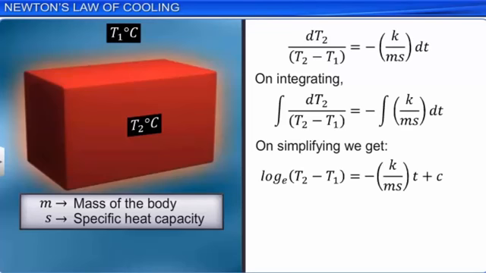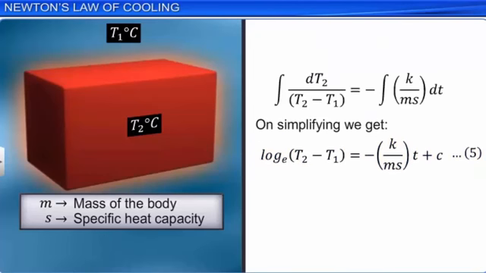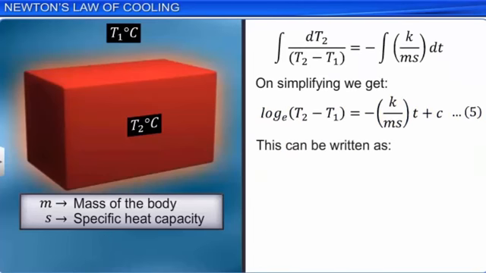This can also be written as T2 minus T1 is equal to e to the power minus K by MS into T plus C, which is equal to e raised to the power C into e raised to the power minus K by MS into T. Let this be equation 6.